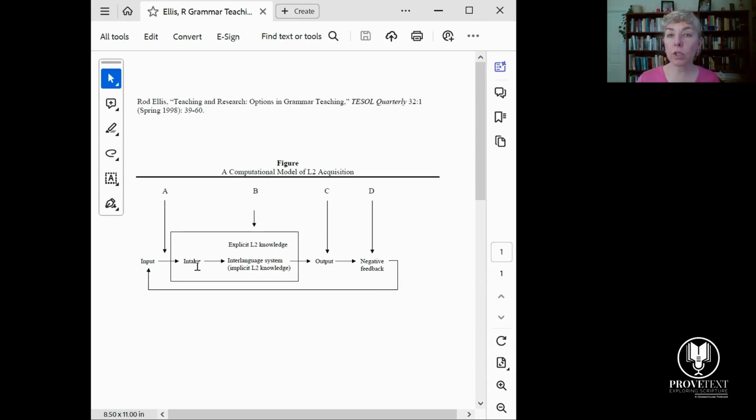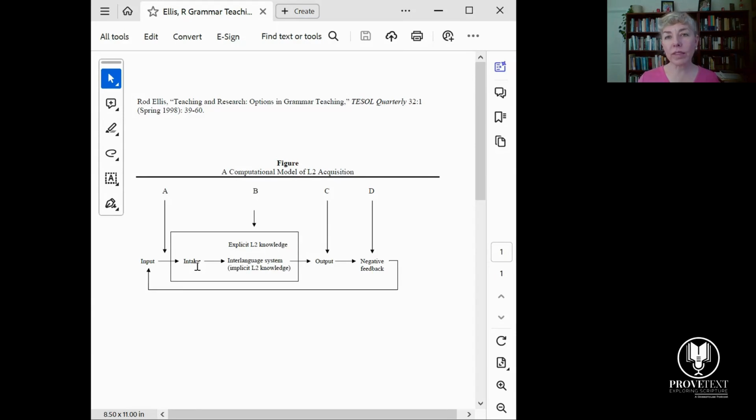So yes, correction, yes, reviewing, reteaching, but I would encourage you to do it in the form of more input, providing more opportunities to deal with that particular form, that particular vocabulary in the context of input-based activities.